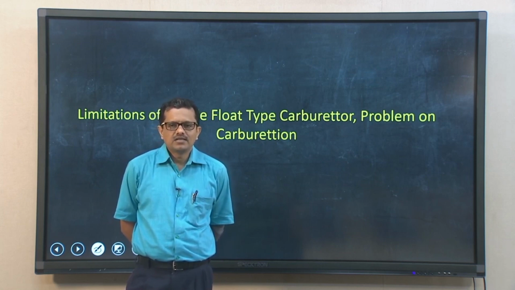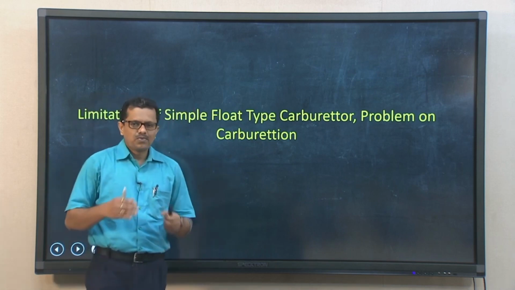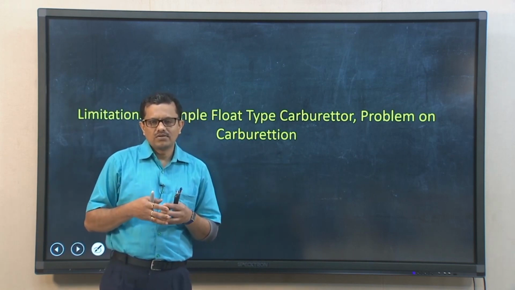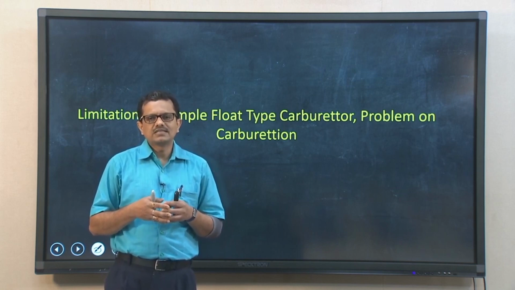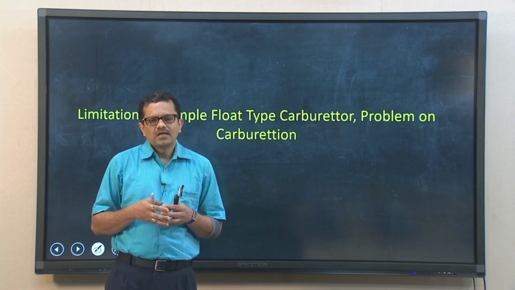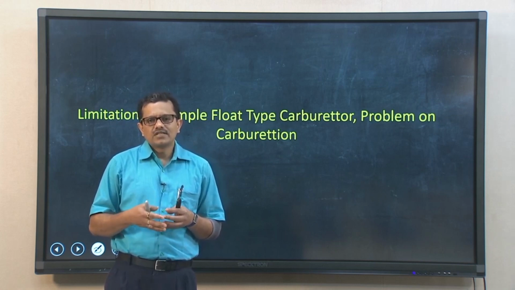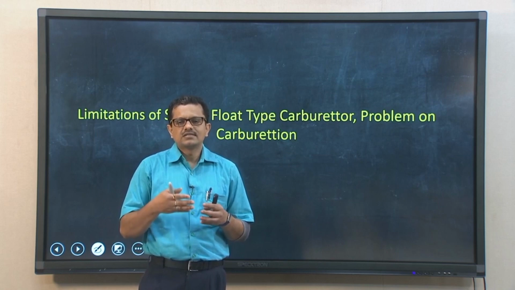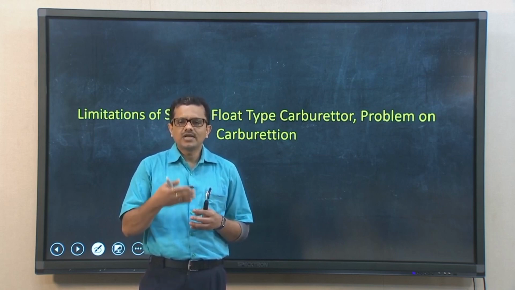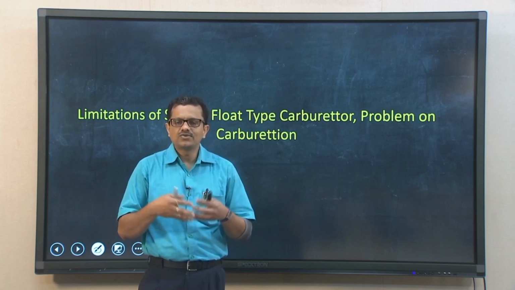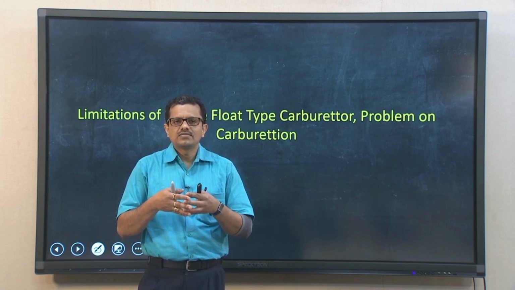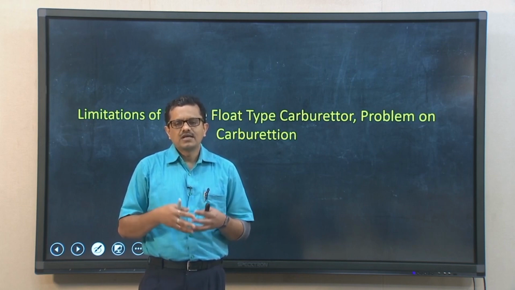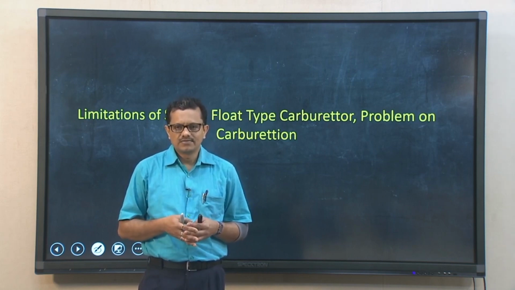By plotting that variation in the regimes of operation of an internal combustion engine, we had seen that if a carburetor is designed for satisfactory operation of the engine in its idling condition, the same carburetor will provide a fuel air ratio to the engine at the cruising zone or also during the power zone, which is far too rich a mixture, and that is not needed.